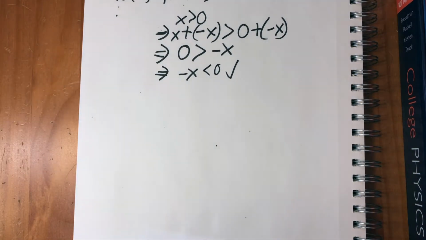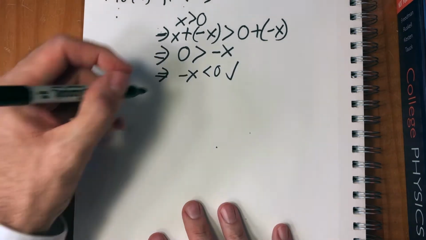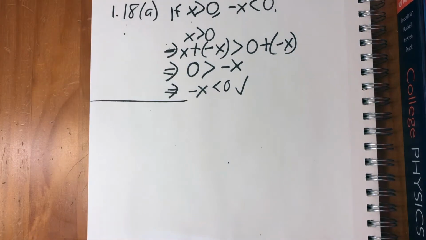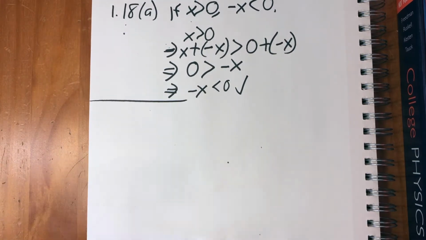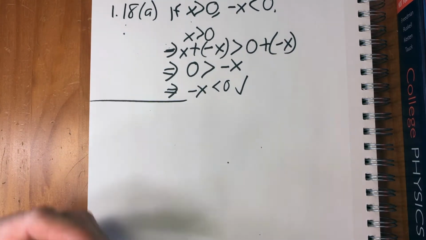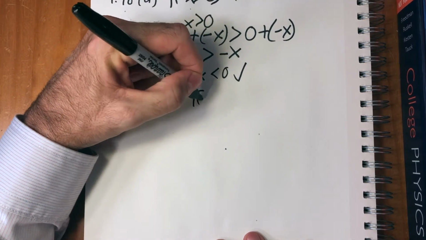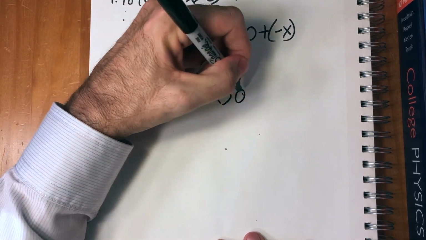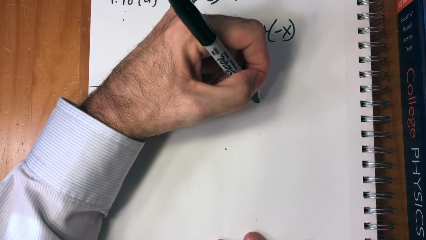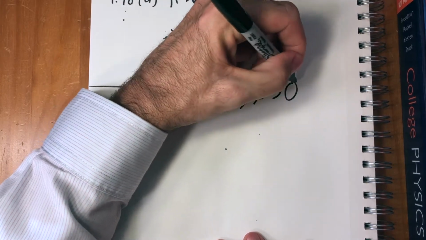multiplication for negative numbers. Okay, so with that in hand, what we have to do is, so far we've defined multiplication if alpha is greater than 0 and beta is greater than 0.